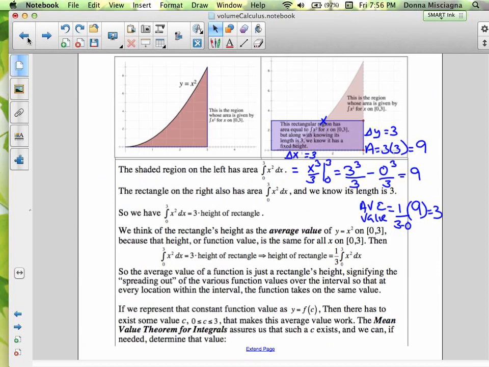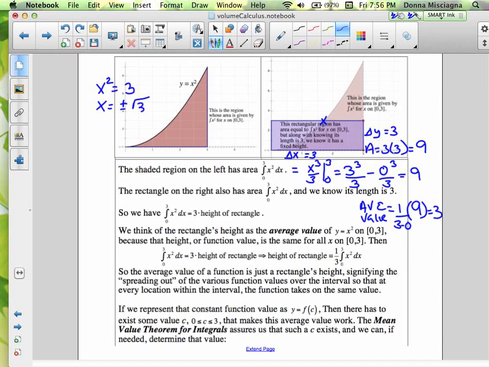We already know the what, right? The average value here is 3. The when that would occur, if we set x squared equal to 3, pretty easy to solve, huh? We get two answers, so x would equal positive and negative square root of 3. But one of them is no good because the interval is from 0 to 3.